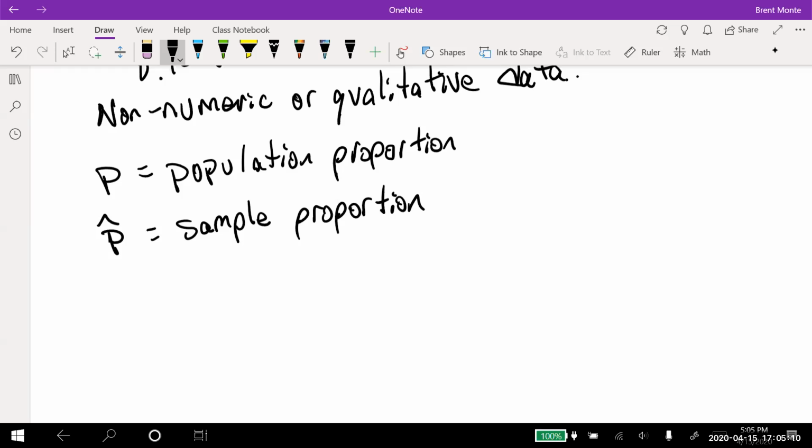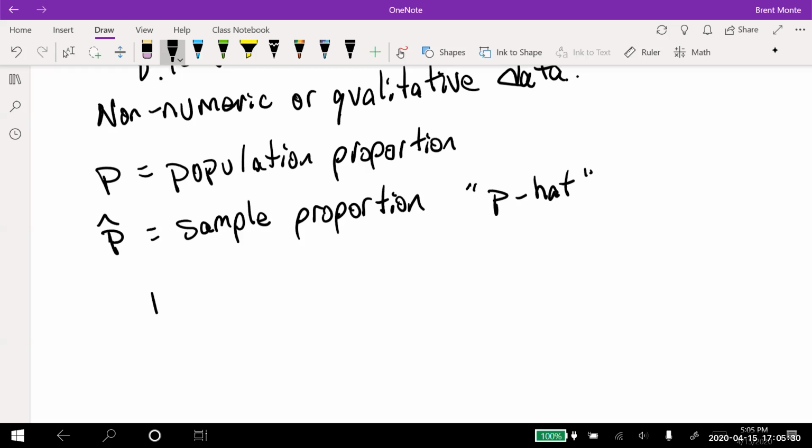So X bar was for the sample mean. It has a little symbol over the X to say it's coming from the sample. This has a little hat over the P to say it's coming from the sample as well. They even call this P hat. So when they refer to it, they'll say, oh, what's P hat?